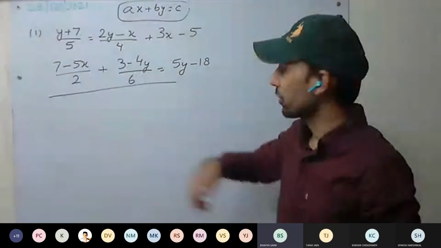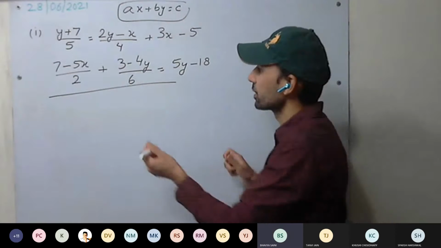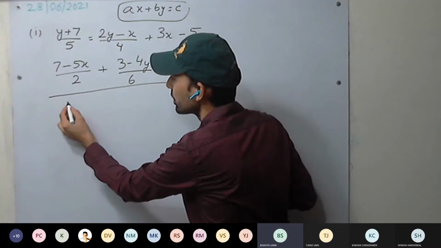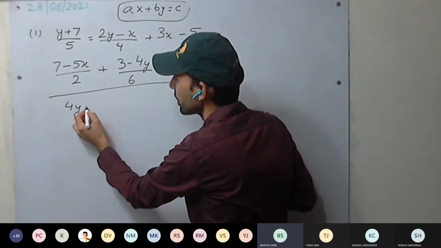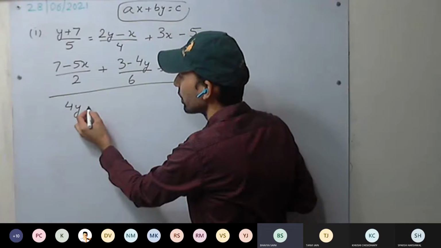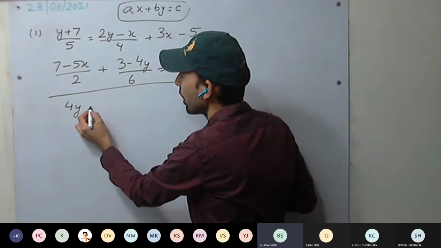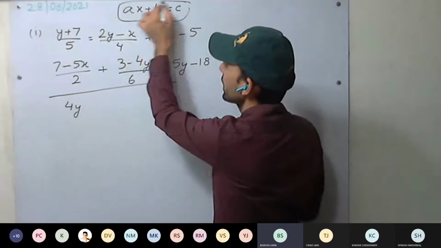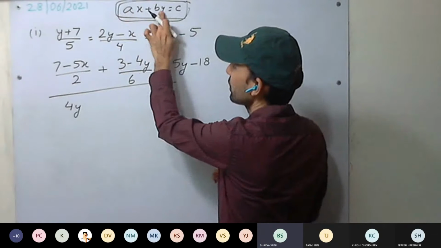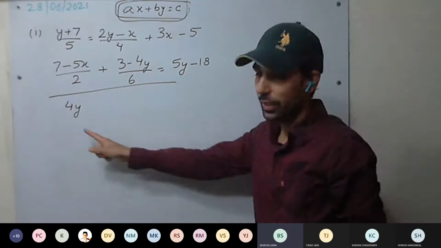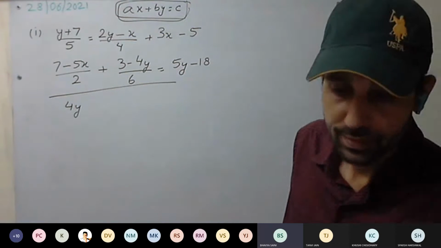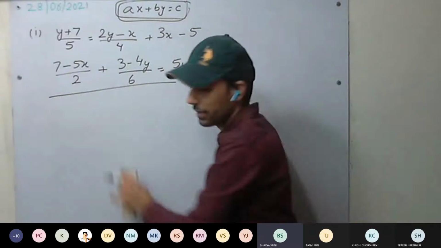Yes, sir. What equation you have got? 4y plus 28 upon 20 is equal to 2y plus 11x minus 20. You have to bring the equation in this form. Ax plus by equal to c form. Okay. Solve it further.